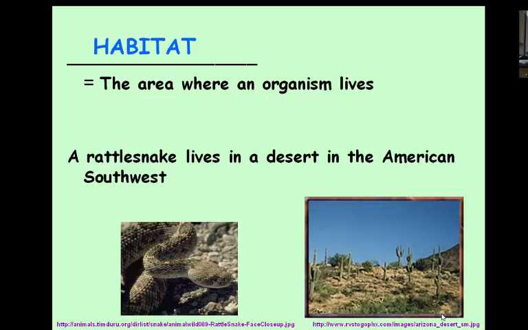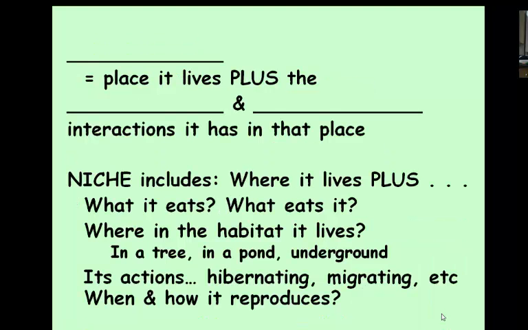A habitat is the area where an organism is going to live. A rattlesnake lives in the desert in the American Southwest. So habitat is where an organism lives. A niche is a place it lives plus its abiotic and biotic factors.